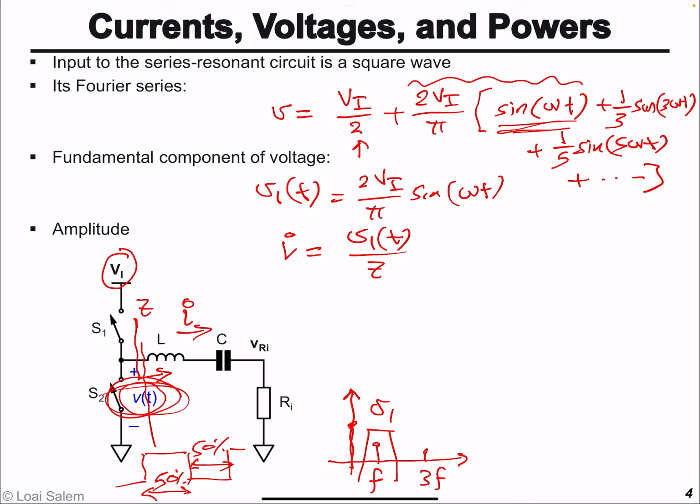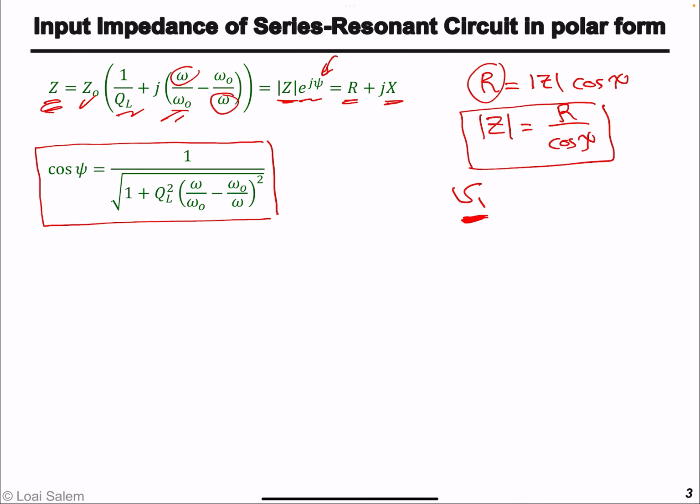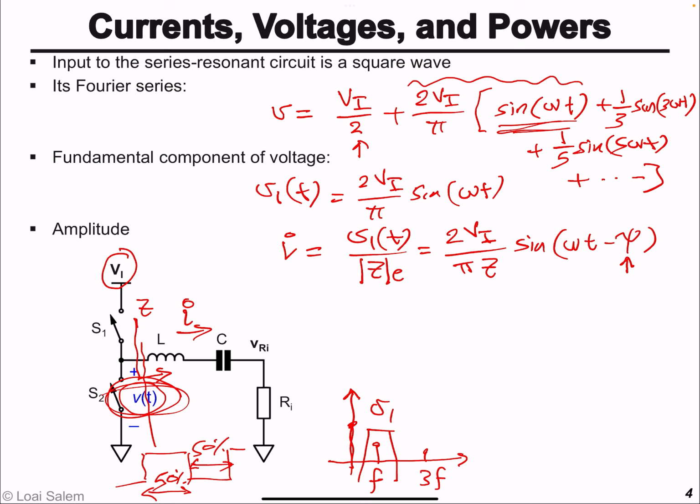And so we will find that this will be given by 2Vi over pi times Z, sine omega t minus psi, where psi is the phase of the impedance. We can express the impedance as magnitude Z e to the j psi.